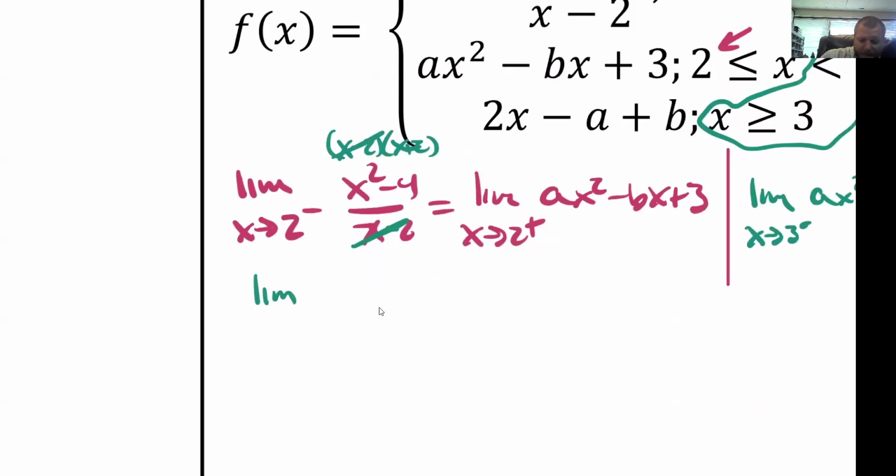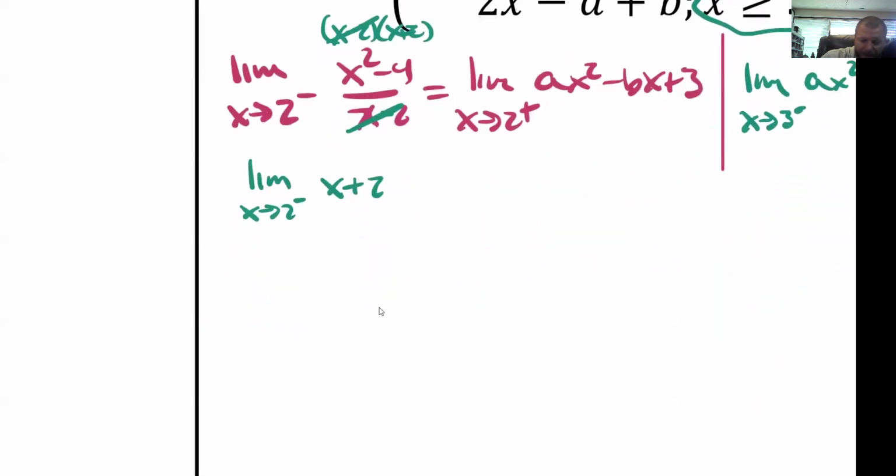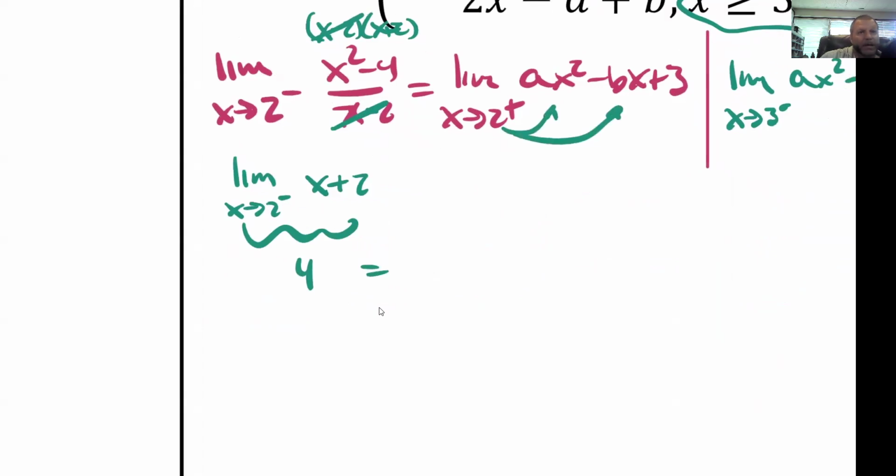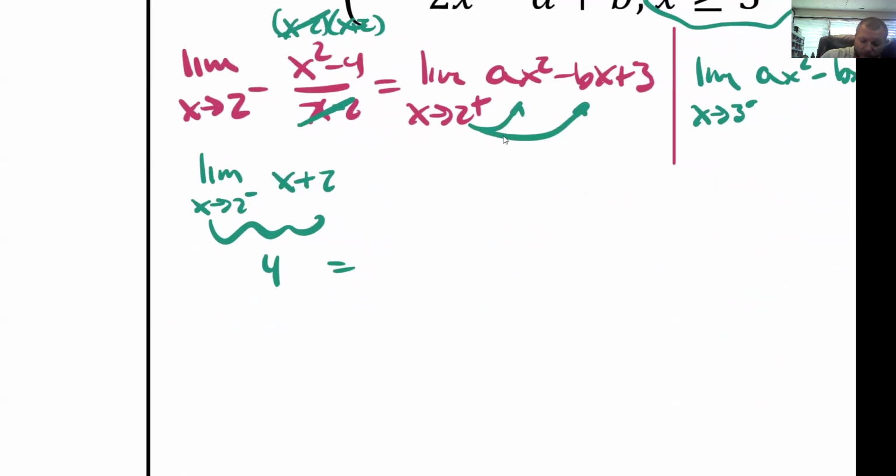Well, that's the limit as x approaches 2 of x plus 2. And now when we plug in 2, we're going to get 4. So that has to equal this other limit when I plug in 2. So 2 squared, we're going to get 4a minus 2b plus 3. And I'm just going to bring this 3 over to the other side, and I'm going to end up with 1 equals 4a minus 2b.